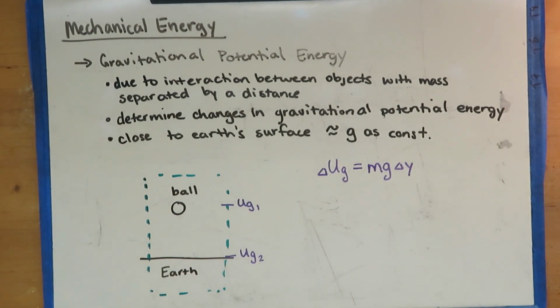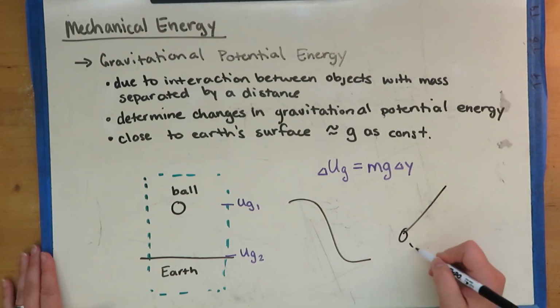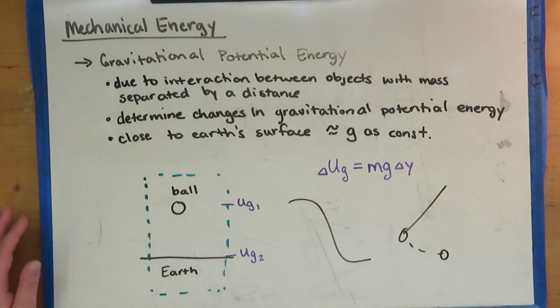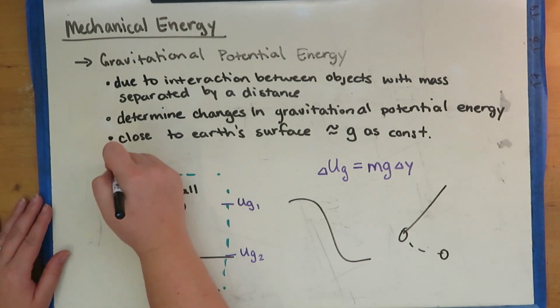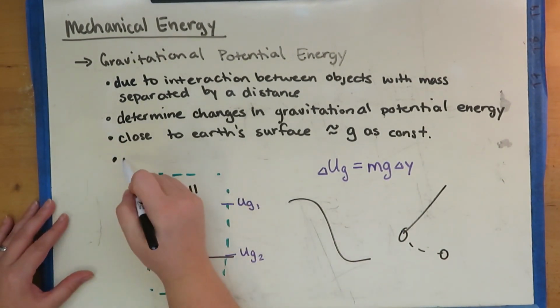But here's what we're going to do to simplify this down. We're going to assume that we always set the lowest point in the motion to have no gravitational potential energy, whatever it is. If it's going down a hill, or a pendulum swinging in a circle, whatever the lowest position is, we just assume that height is 0.